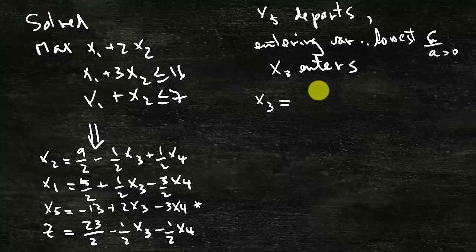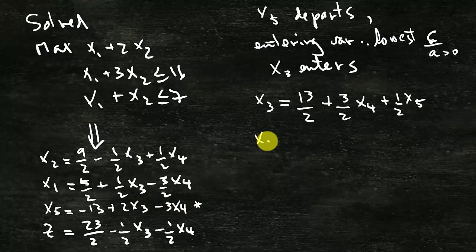X3 is equal to, so we divide by 2, 1/2, so it's going to be 13 over 2 plus 3 over 2 x4 plus 1/2 x5, and then that has to be substituted in x2 and x1. So x2 is going to be 9/2 minus 1/2 x3, and that's where we substitute this.